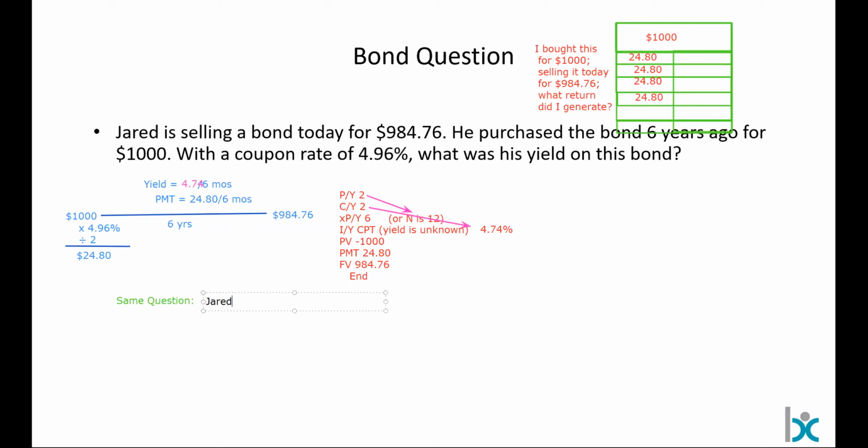We might be told that Jared is selling for $98 and 47.6 cents and bought the bond 6 years ago at par. That is exactly the same question.